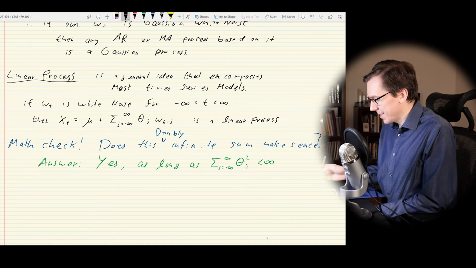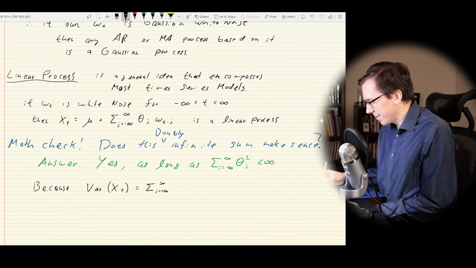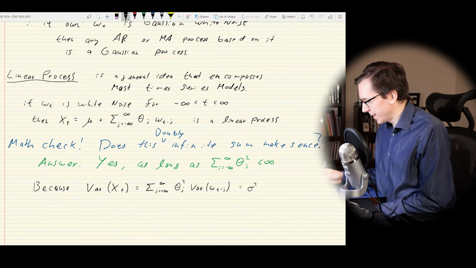The reason is that the variance of x_t is, by independence, the sum from minus infinity to infinity of the variances of the w_{t-j}, which is just sigma squared times the sum of these theta squareds from minus infinity to plus infinity.